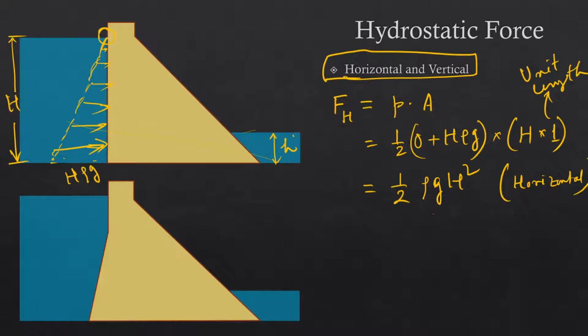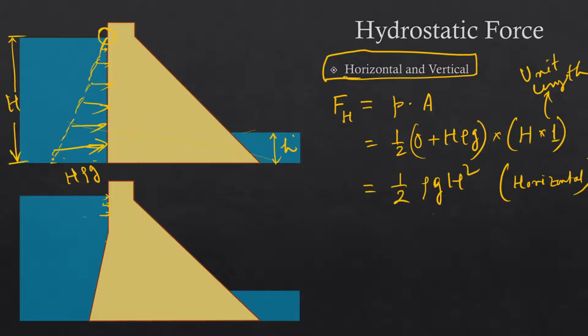If we provide an inclined surface of the dam in the upstream, as I mentioned before, in that case the hydrostatic pressure will be on this portion. If there is any vertical surface underwater, then the calculation will be simple.